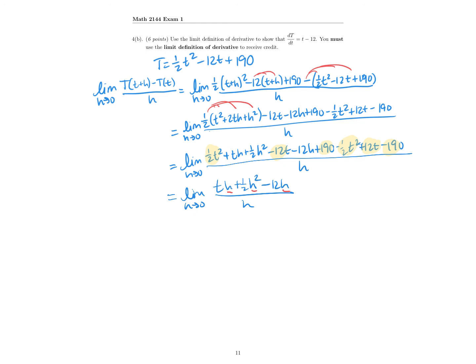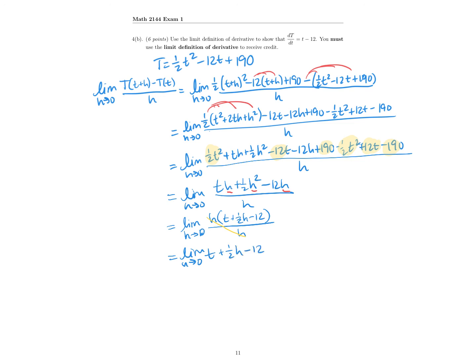So what I'm doing is working algebraically to get rid of that h in the denominator, and I'm almost there. If I pull out an h from that, I have t plus 1/2 h minus 12, all over h. And now h divided by h gives me 1. So I'm just left with the limit as h goes to 0 of t plus 1/2 h minus 12.